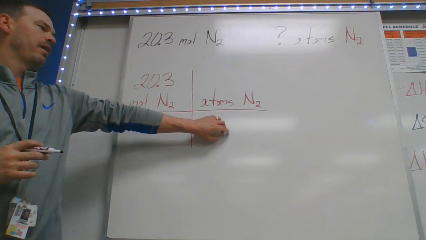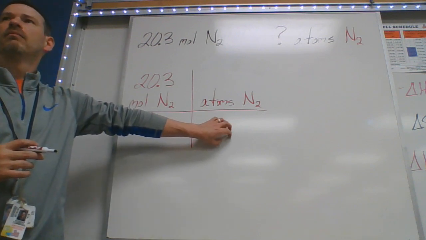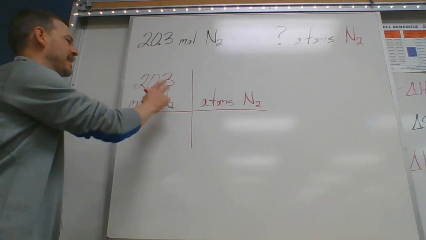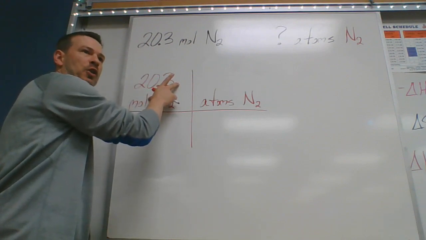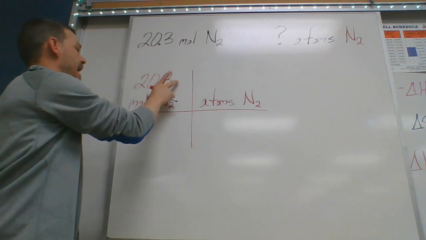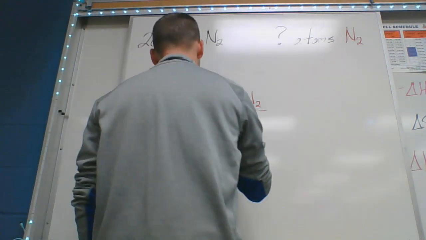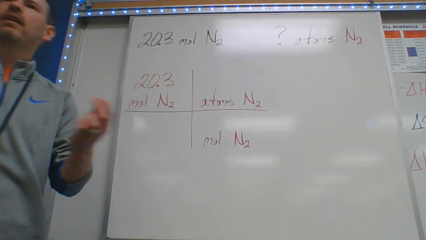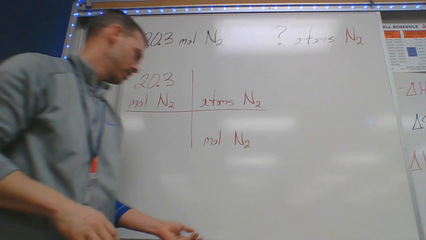Does anyone remember where the letters from this square come from? Oh, come on, September wasn't that long ago. It's a diagonal drag. I take the information from here, not the number, but the units, and I drag it down to the diagonal. This is the repetitive step that we'll take on all of these.